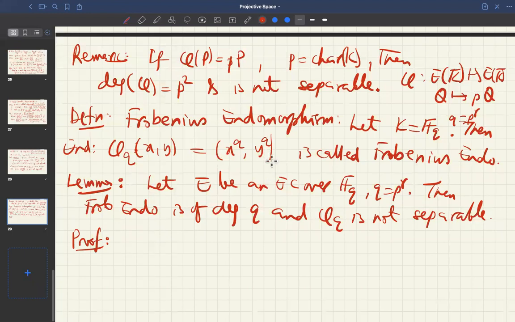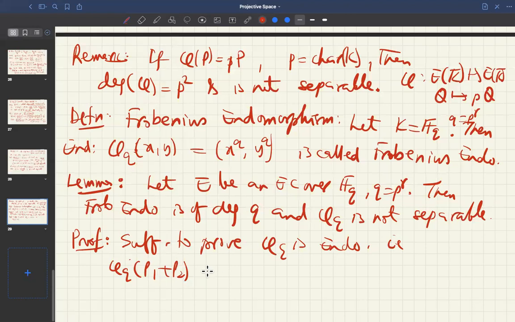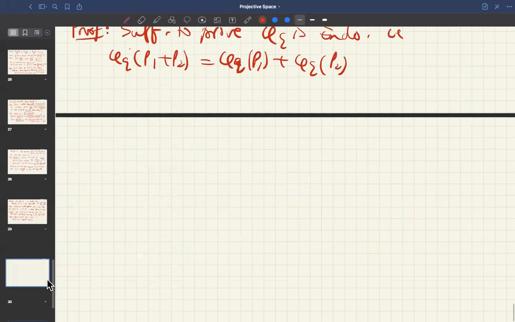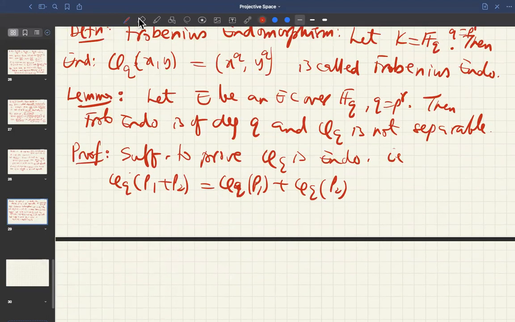To show it is an endomorphism, we need to show additivity of two points. It suffices to prove that phi_q(P1 + P2) = phi_q(P1) + phi_q(P2).